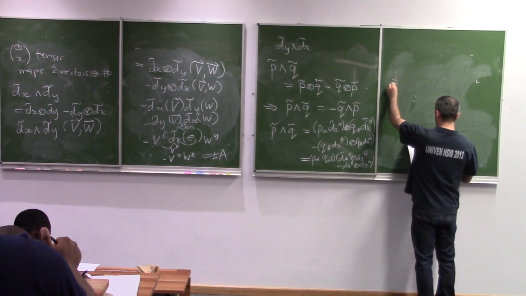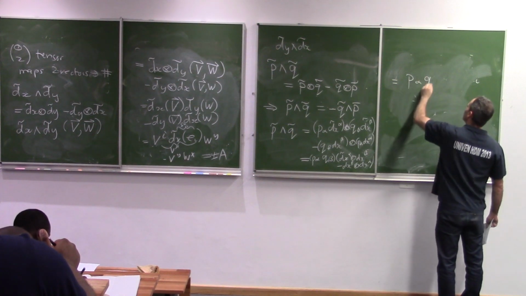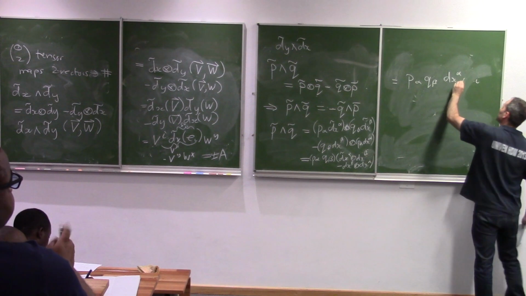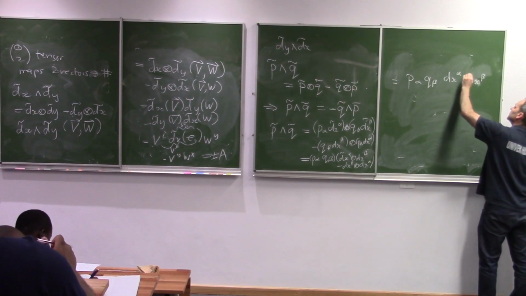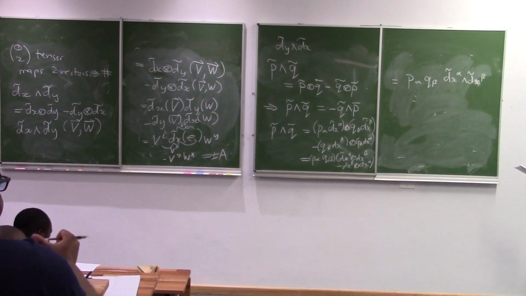So this is equal to P alpha Q beta dx alpha wedge dx beta. Okay, everybody happy? Sorry, I might have lost you. Any questions in case we missed?